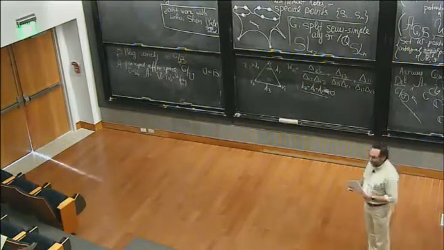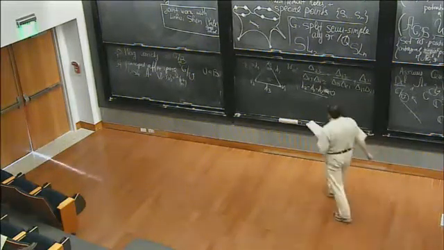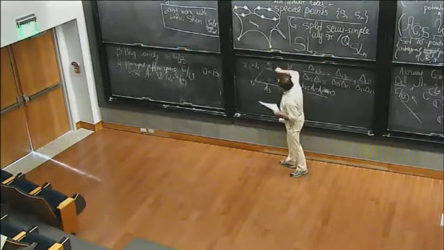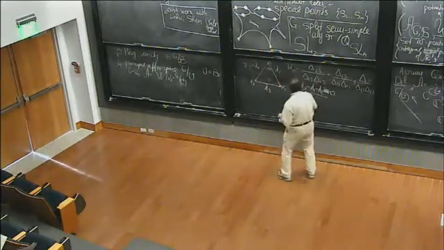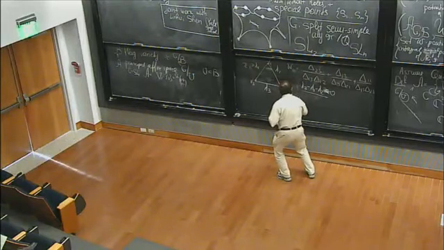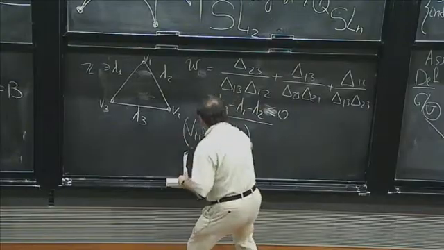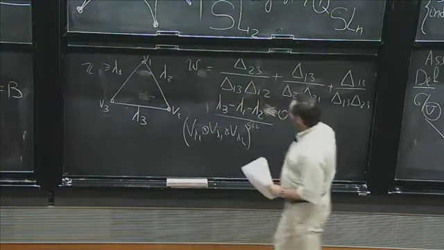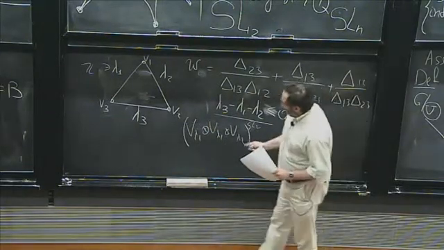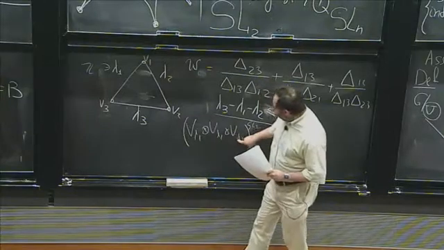In this case, if you label these three integers, three finite-dimensional representations, so you consider something like V_lambda1 tensor V_lambda2 tensor V_lambda3, and look at SL2 invariants here, the invariants exist only if these three lambdas satisfy this triangle inequality.